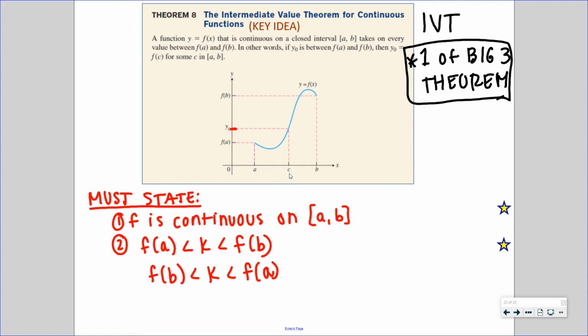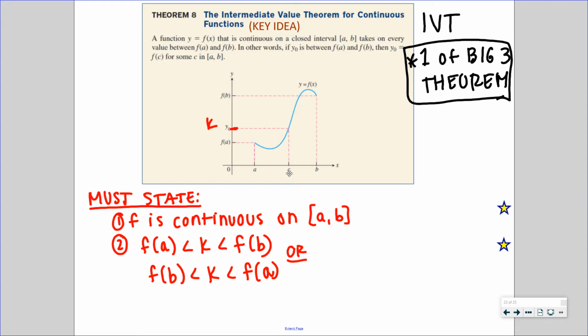Our function could start up here and end lower. It could be decreasing on the interval. So it would have to be one of these. You'd have to show that this k value, this is what they're calling k, is in between your two outputs on your interval. So then the intermediate value theorem allows us to conclude, okay, then there's some x value in between a and b that would give us this output, okay?